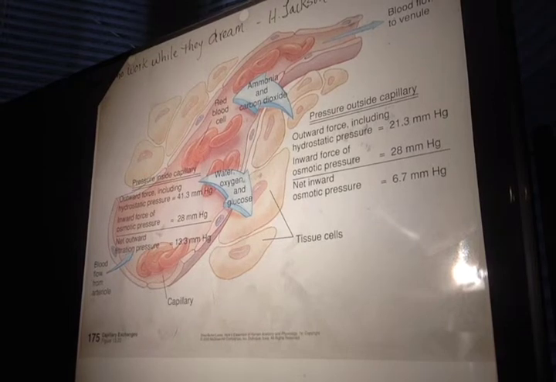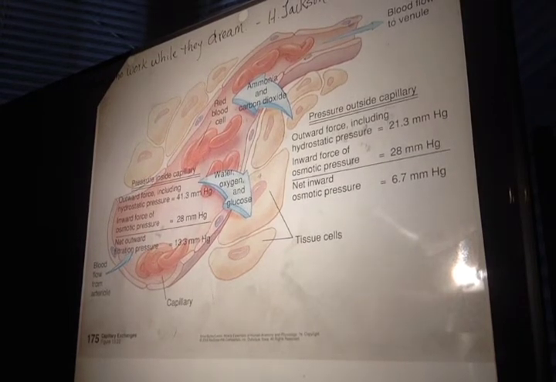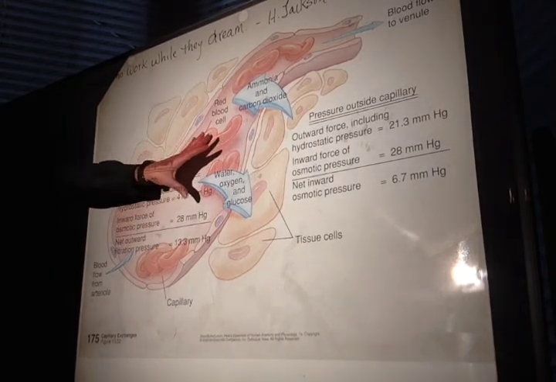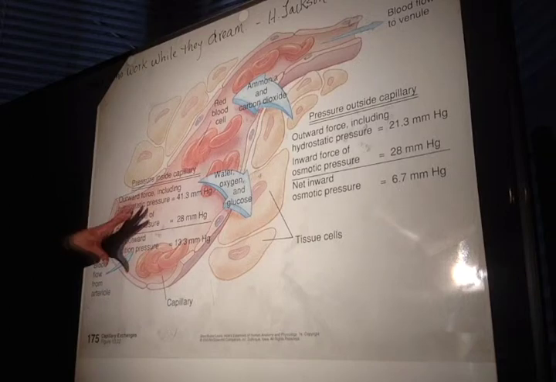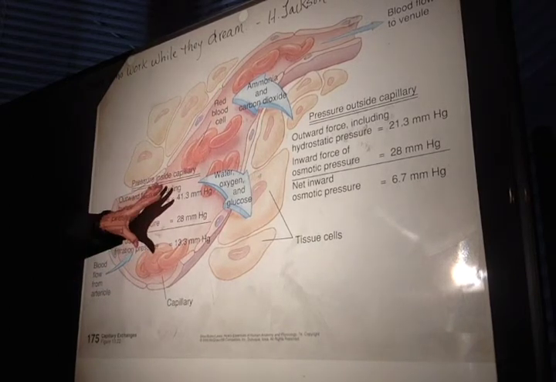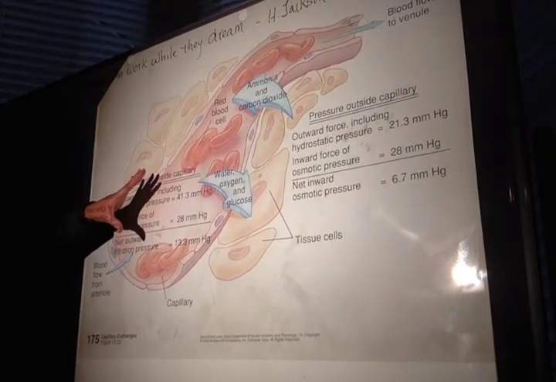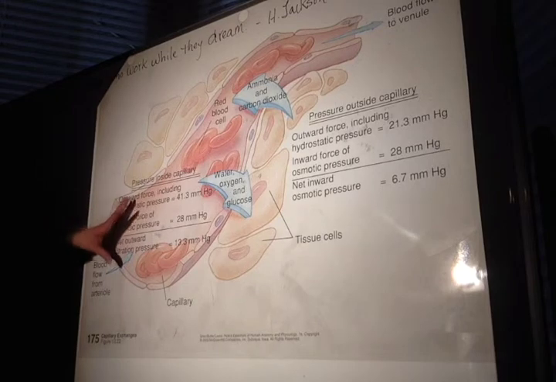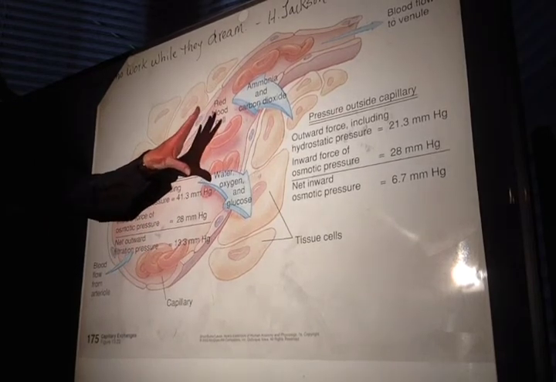Now, there's something to understand here. The pressure coming into the capillary: you have water pressure because the blood is mostly water, and you've got more blood stacked up behind the blood that's entering your capillary.